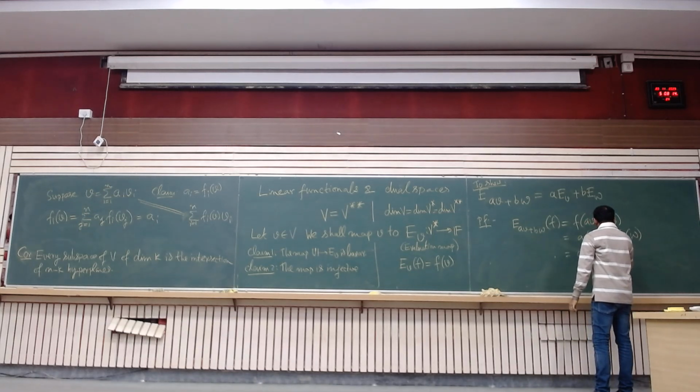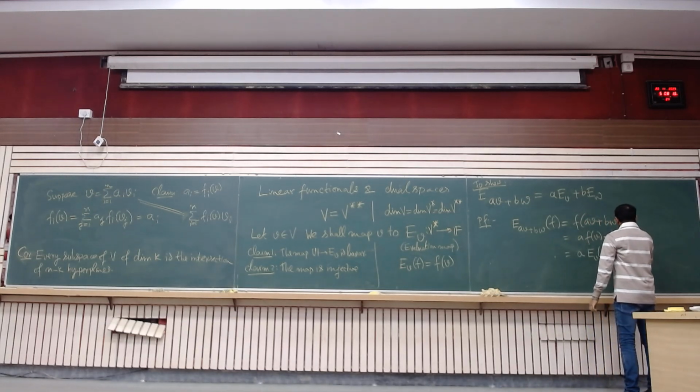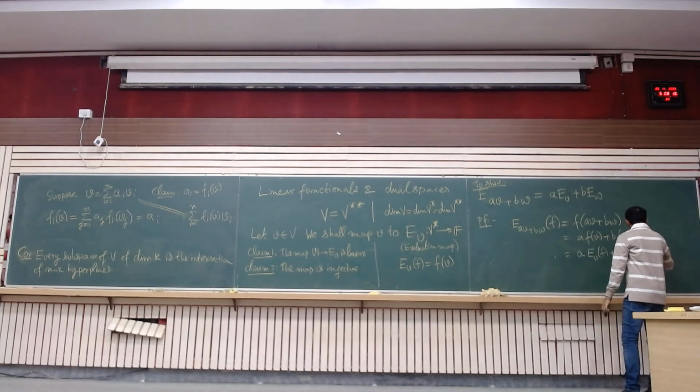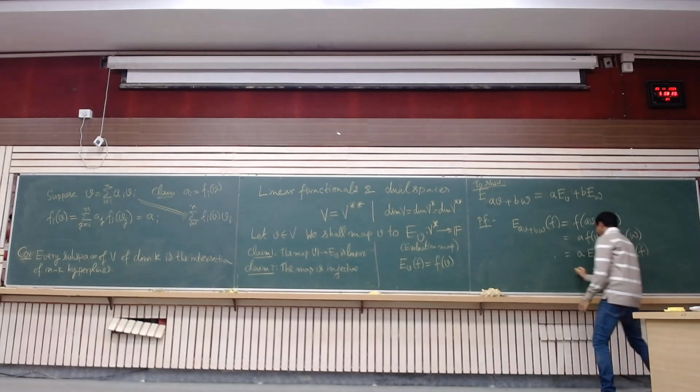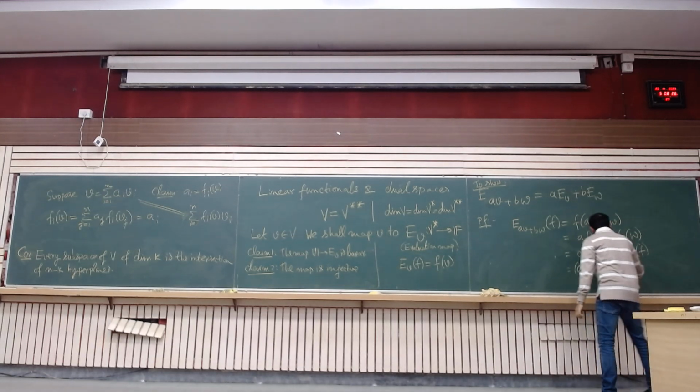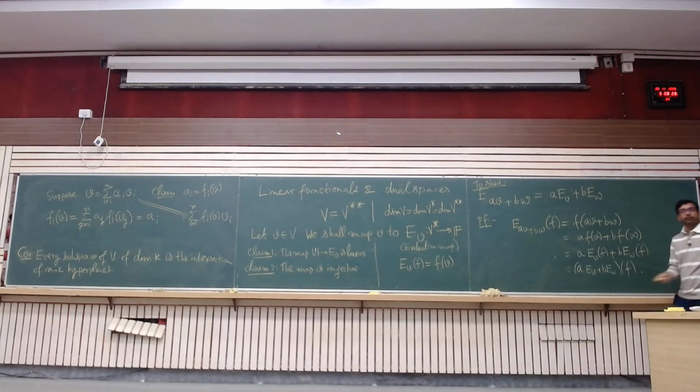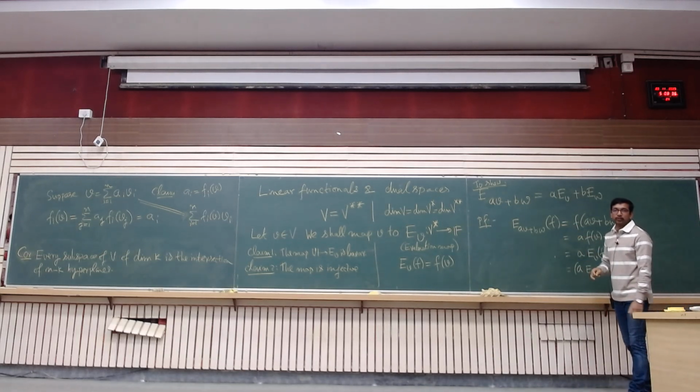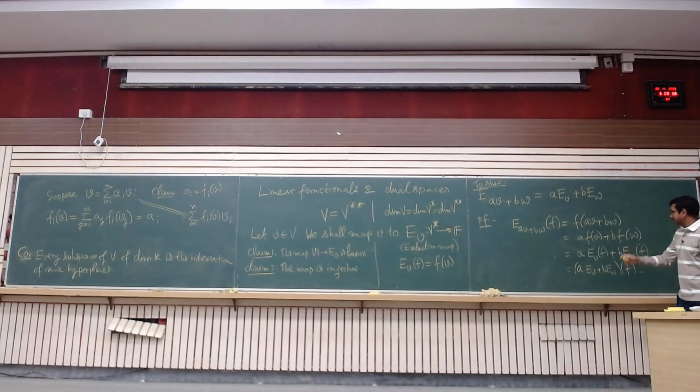A EV of f plus B EW of f, that is A EV plus B EW of f. So indeed, this is equal to this one, because it is matching over every element of V dual. Okay. The first claim is done.